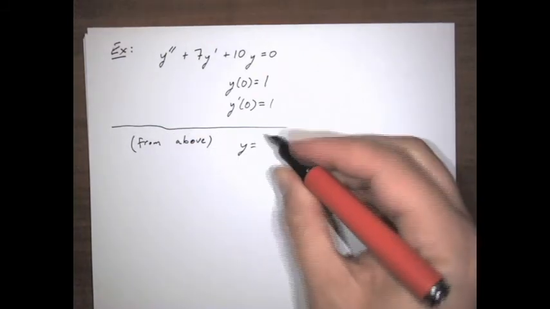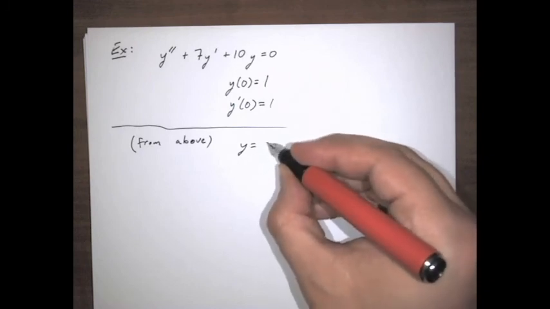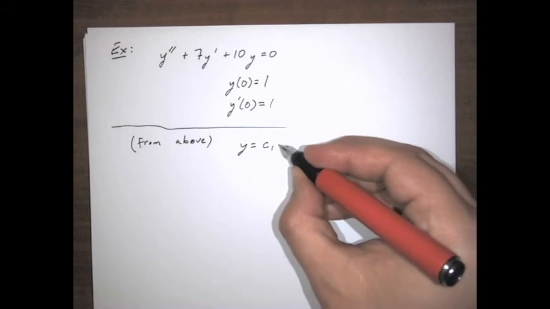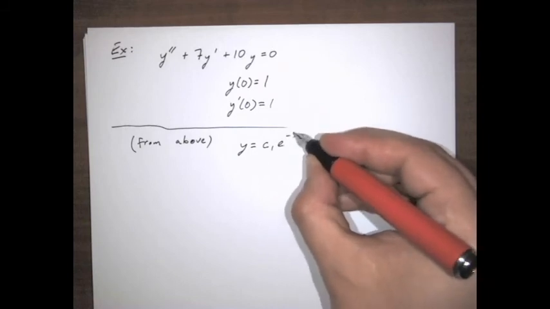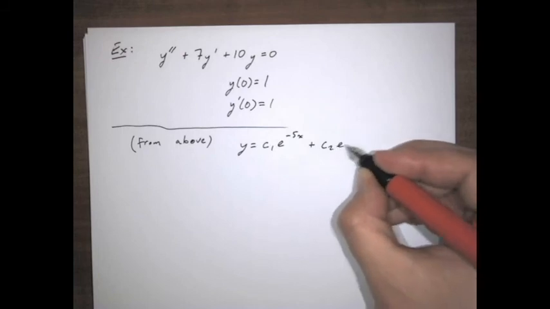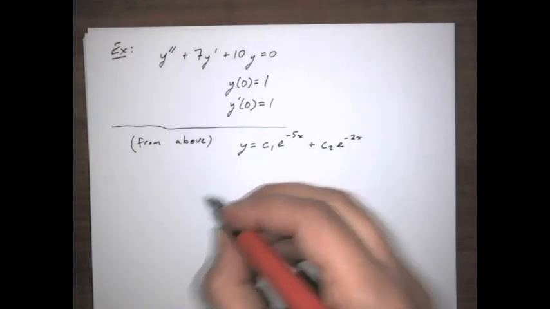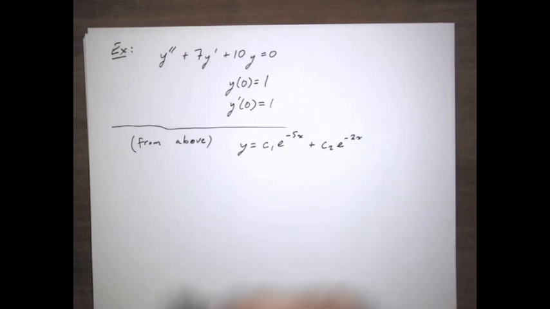We already know what the general form of the solutions here is going to be: C1 e to the negative 5x plus C2 e to the negative 2x. And so it's just going to be a question of what the C1 and C2 are going to end up being.